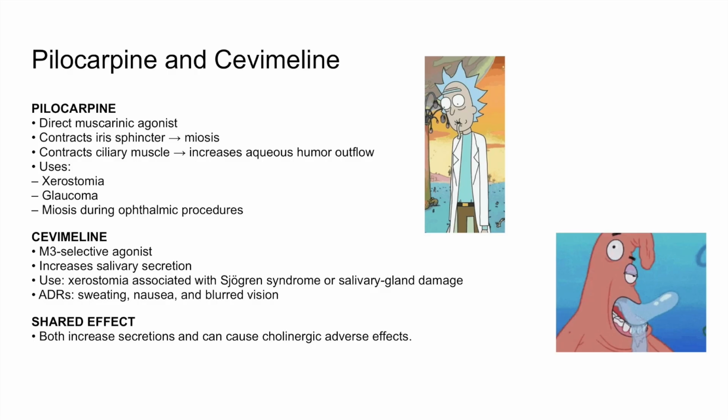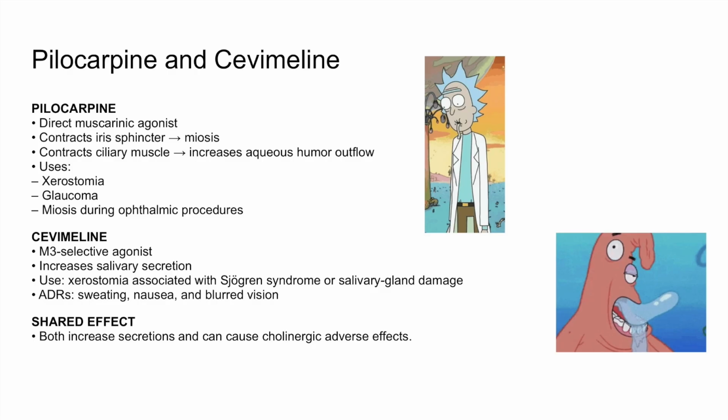And so the way I like to remember these is pilocarpine. I like to remember this image of Rick from Rick and Morty fame and him drooling with those tiny pupils. Okay, so the drool lets you remember its clinical use for xerostomia. And then the pinprick pupils can help you remember that miosis effect.